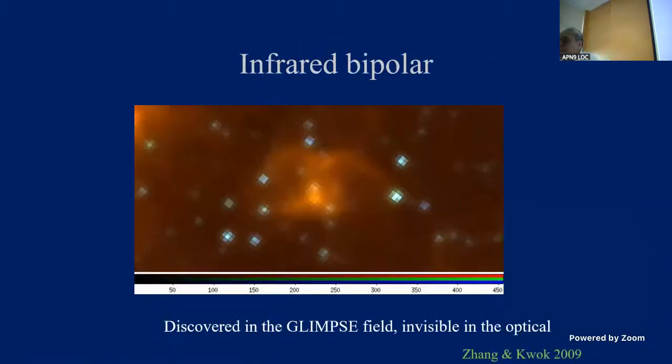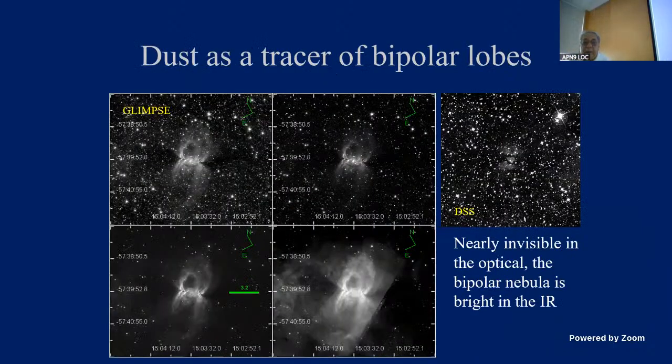Another example of a bipolar nebula was discovered by the Spitzer telescope, and here are more examples of these bipolar nebulae. In the optical, you would probably never guess this is a bipolar nebula.